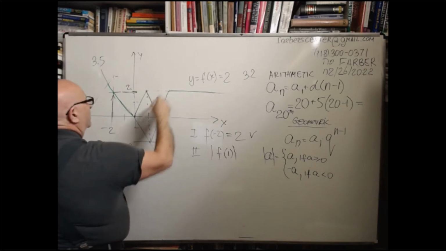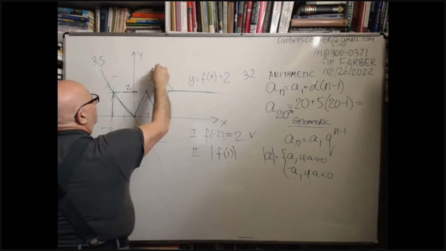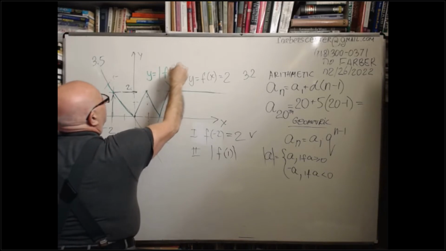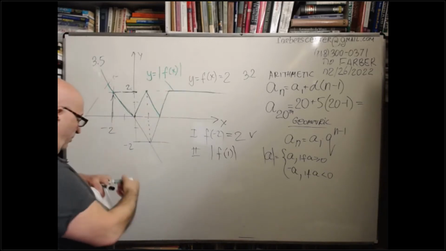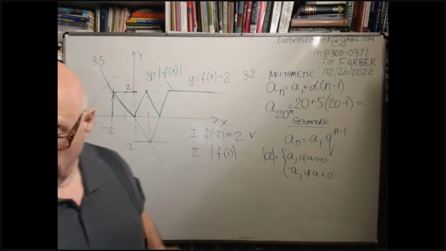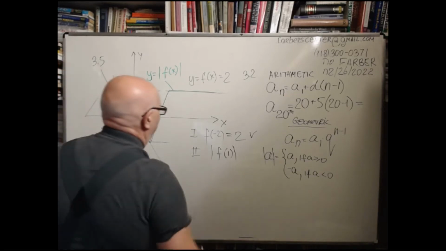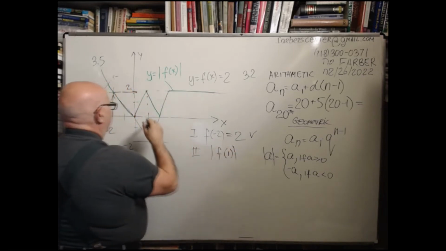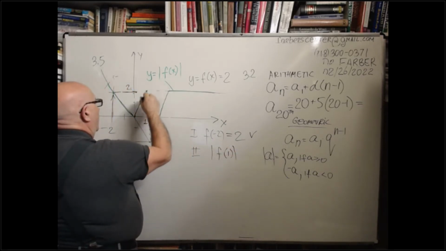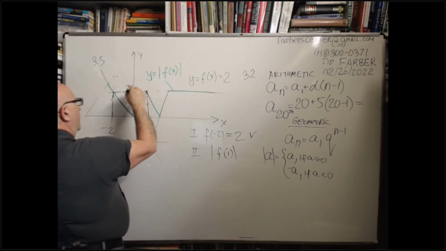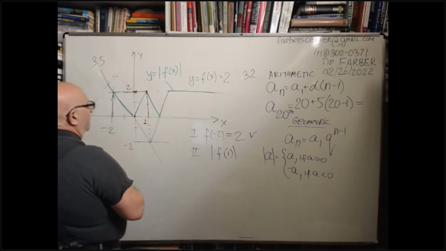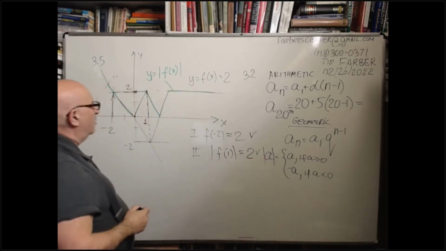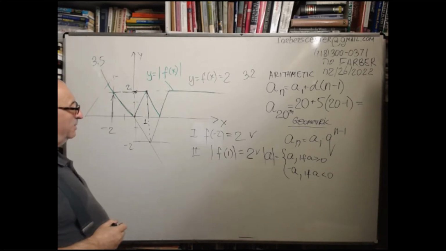This is my new function, y equals absolute value of f of x, the green one. In the same manner, at 1, I go up to the point of intersection and read this value, and this equals 2. Yes, it works. Keep in mind, absolute value always changes functions in this manner.